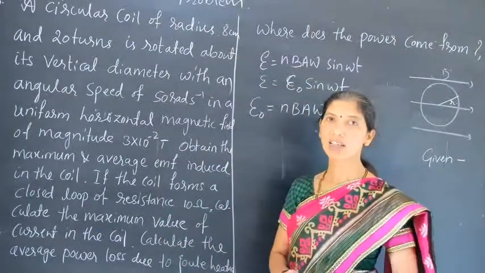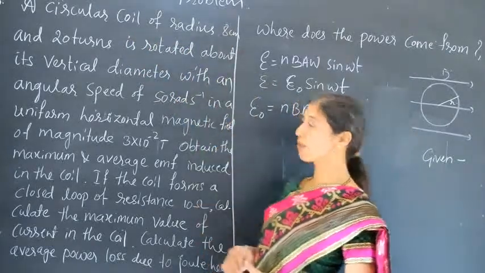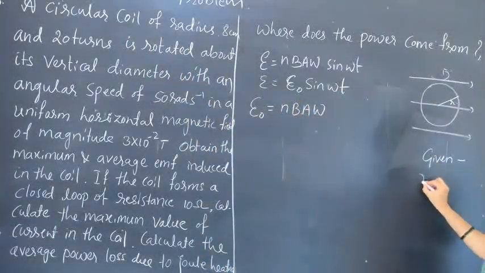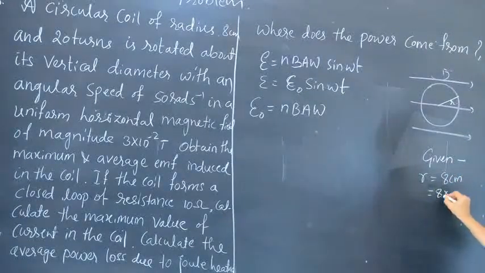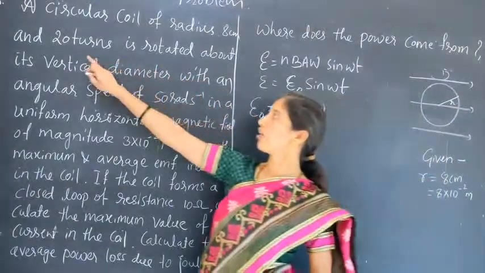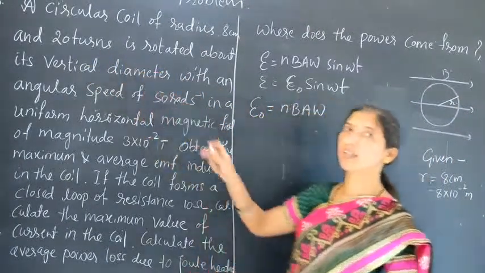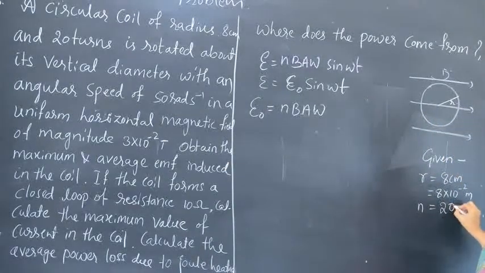So, let us write the given quantity. A circular coil of radius 8 cm. That means R is equal to 8 centimeter. So this is equal to 8 into 10 raised to minus 2 meter. And it has 20 turns. Number of turns is equal to 20.